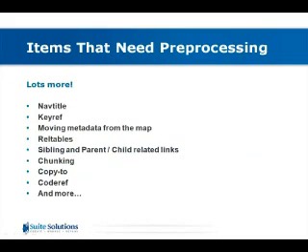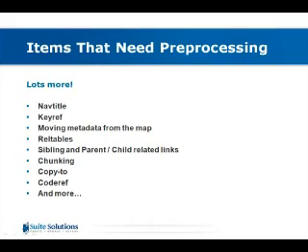Nav title may require pre-processing. If you have a map that has a nav title on a particular topic and you use the lock title attribute, that means that you're going to be changing the title from the map. So that will require processing to change the title in your topic.